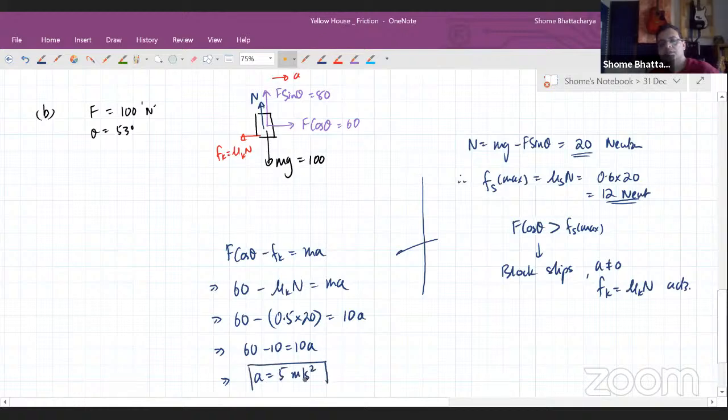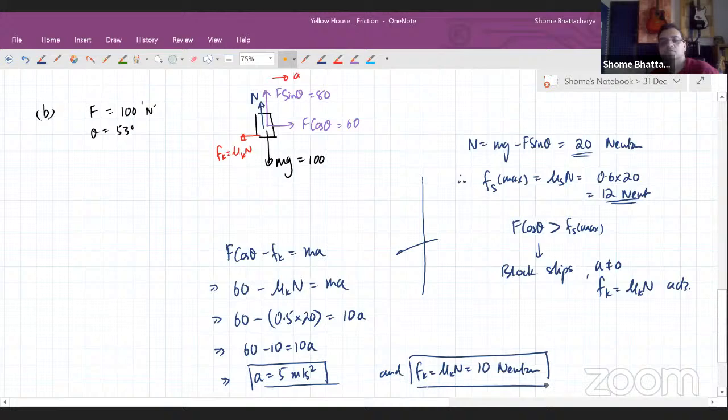So this is the acceleration, and the friction acting on it is 10 newtons in magnitude. Okay, so hope this is clear to all of you.